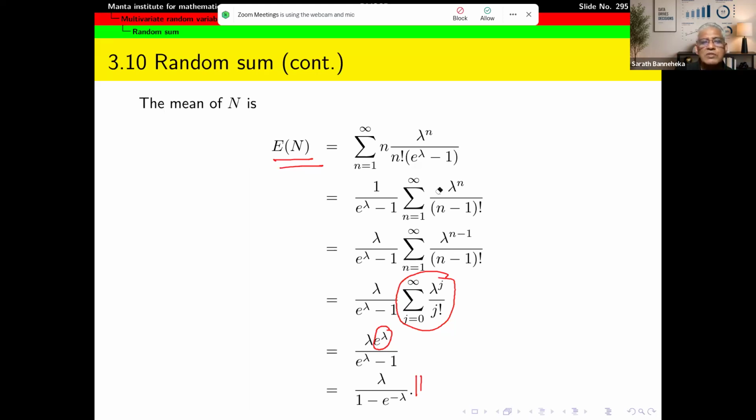So without this whole calculation, we could have got this expression directly by arguing like that: the expected value of N should be equal to the expected value of the usual Poisson divided by the normalizing constant. Anyway, I have shown you how to get that also following the usual definition of the expected value.